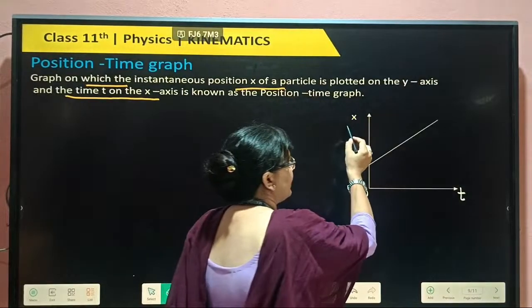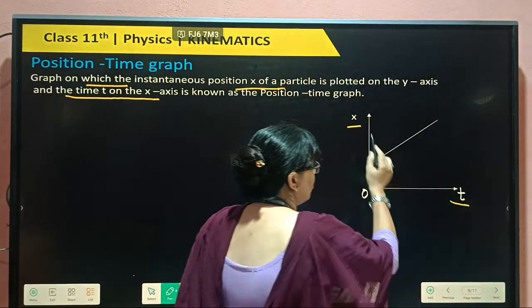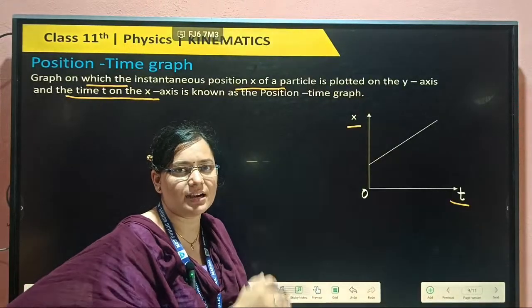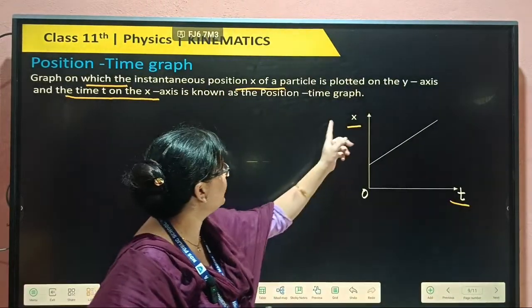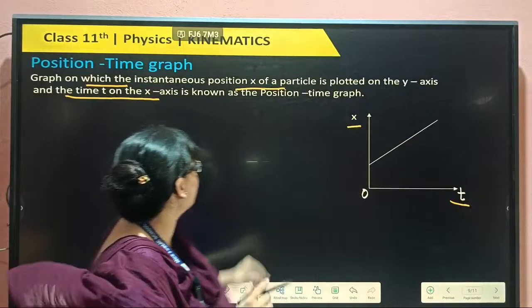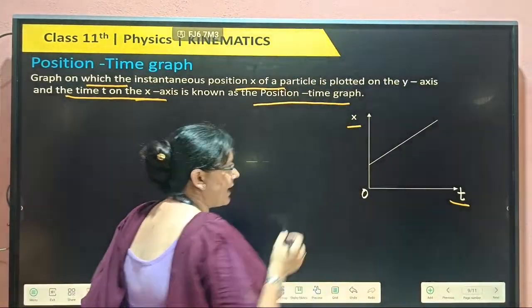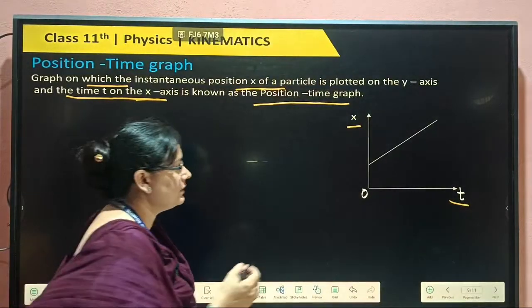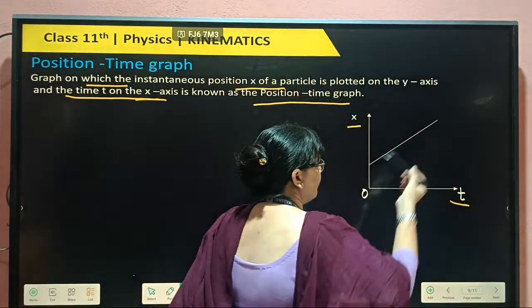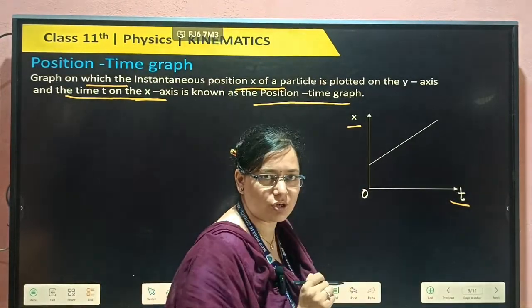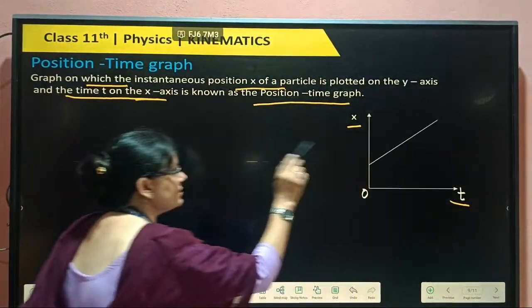Here we take x and t, and the relation between them on these axes is called the position-time graph. Then we draw this line. The meaning of this line is that the particle is not starting from the origin. What is the meaning of this graph?